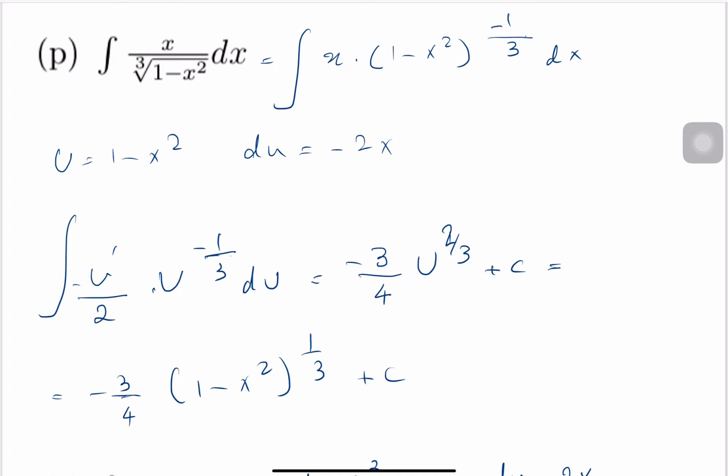And now I can make an integral from this, plus 1 will be 2 per 3, and divide by 2 per 3, and also I have a 2 here, and the result will be minus 3 per 4, u power 2 per 3, plus C, and instead of u, now I can put again 1 minus x squared, and it is very easy.